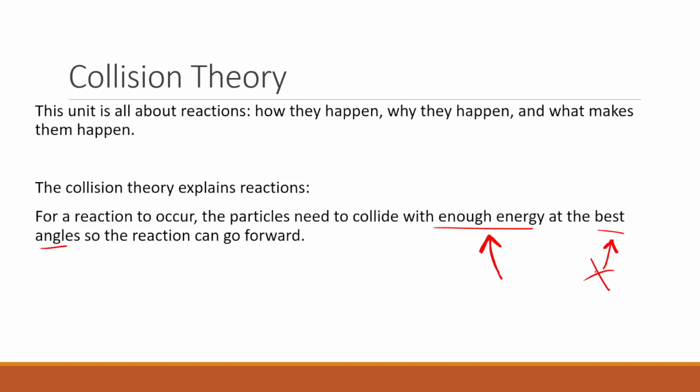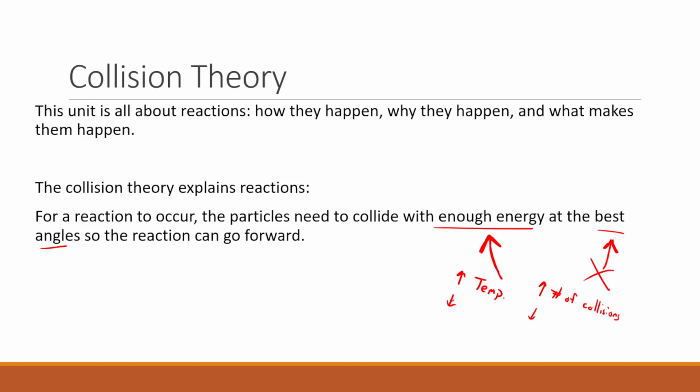So we can't influence angles, but we can influence the number of collisions. We can influence energy because energy is just temperature. We can increase the temperature and we can increase the number of collisions. Or, alternatively, if we want to slow down a reaction, we can decrease the temperature and decrease the number of collisions.